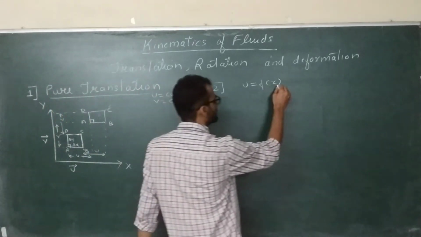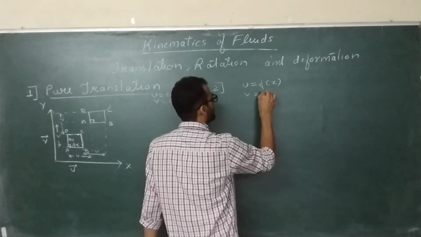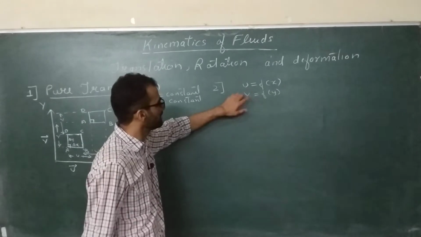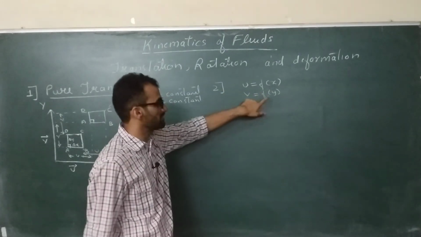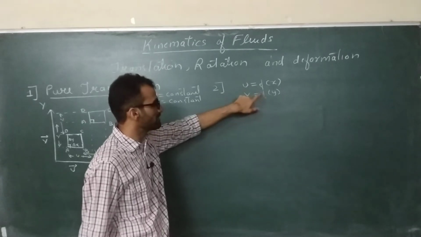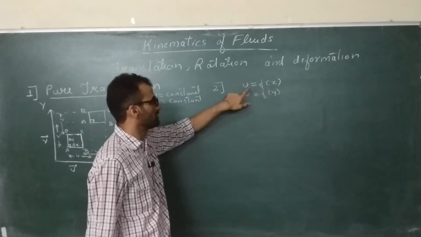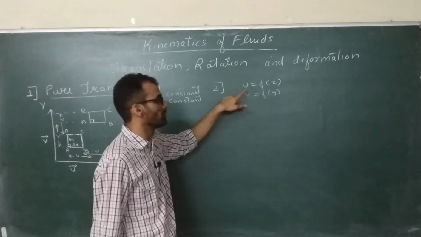So u is a function of x, this is a special case, and v is a function of y. Now what does this mean? U will change with x, but u will not change with y. U is not dependent upon y. For any y coordinate, u will be same, but for different x coordinates, u will change.